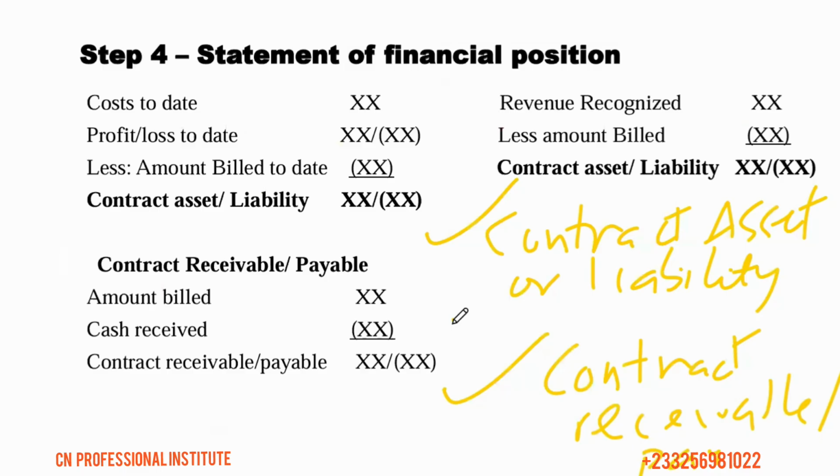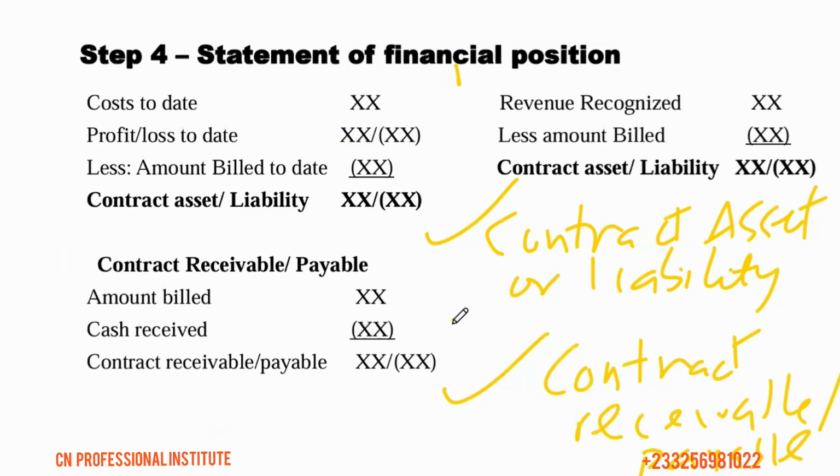So these are the two things that we compute in the statement of financial position. If performance obligation is over time, in the statement of financial position, we calculate two things: contract asset or liability, and what we call contract receivable or payable.